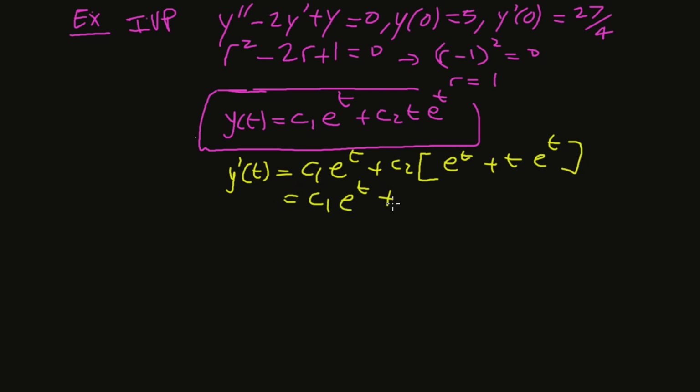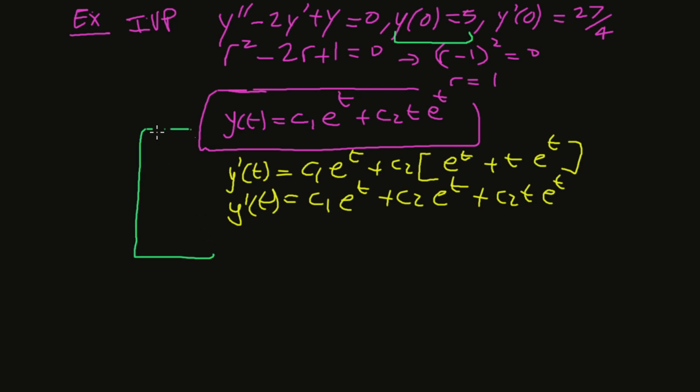Then you distribute C2. Alright, so now we're ready. This goes here. And just like before, it will give us that, and now equals to 5. And this goes now here.